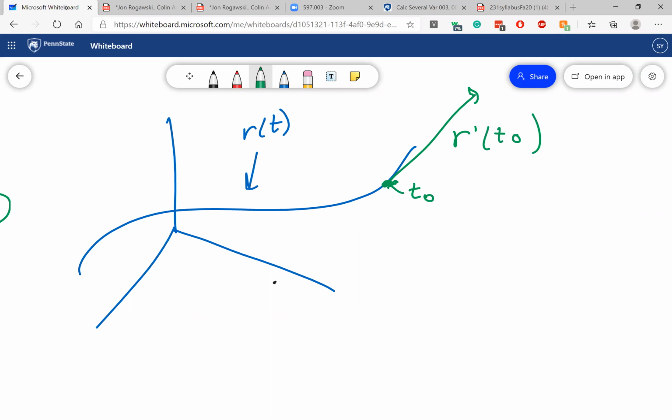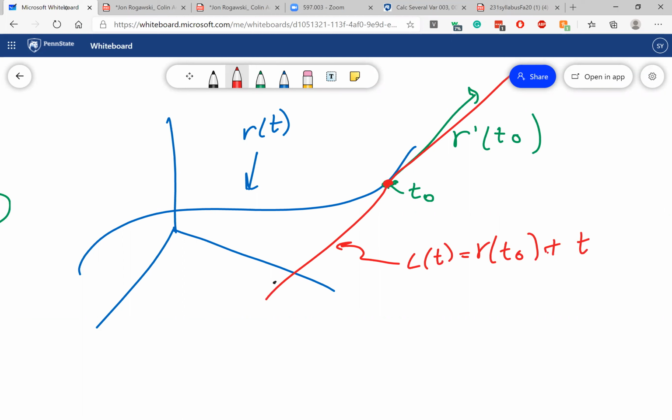You just take the derivative, same thing as Calc 1. And then if you want to find the tangent line, using what we know already, the line at t is going to be equal to r at t0, that's this point, plus t times v for some vector lying in this line. We know that this vector, r prime of t0, lies on it. So r prime of t0.